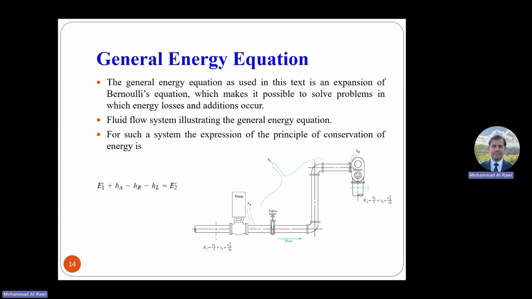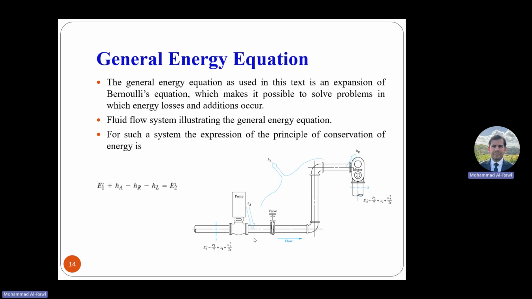Now, if we go to the general energy equation, you can find it in the following example. I'm trying to calculate the general energy equation between point 1 and point 2. I have the following: pump, valve, elbow, and a motor. The pump is HA added to the system, and you have the valve minor losses, elbow minor losses, and the length of the pipe, which is the friction, and HR is removed energy.